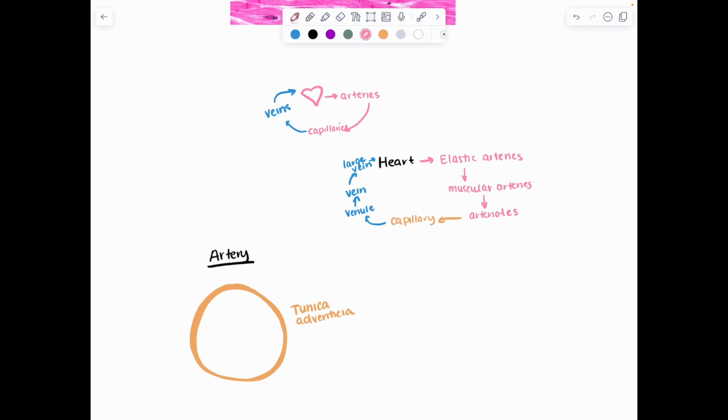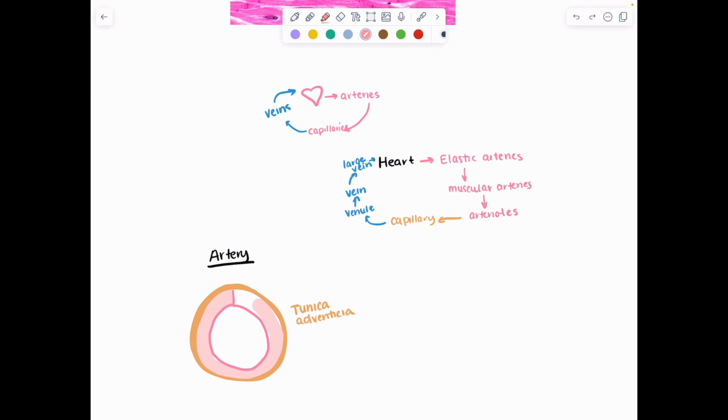So when I come inside more, my next layer is a muscular layer. And in arteries, our muscular layer is going to depend on what size artery we have. But I'm going to draw that in pink. And it's a fairly large, thick, muscular layer. And then we call that our tunica media, is where we have our muscular layer.